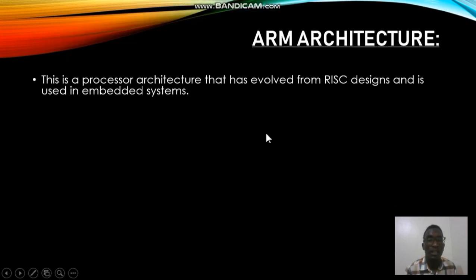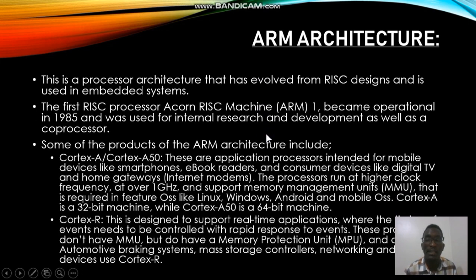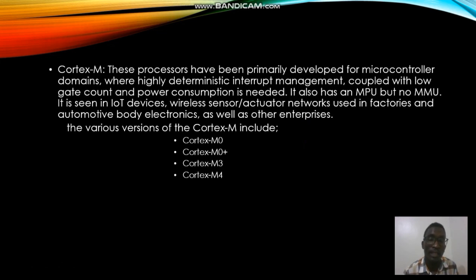Then the ARM architecture, a processor architecture that evolved from RISC designs and is used in embedded systems. The products you can see are the Cortex-A, Cortex-A50, the Cortex-R, together with the Cortex-M. Under the Cortex-M, we had the Cortex-M0, M0 Plus, M3, and the M4.